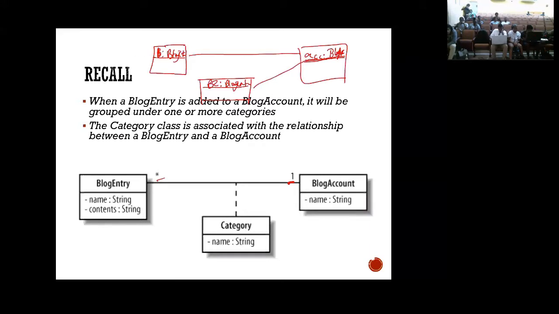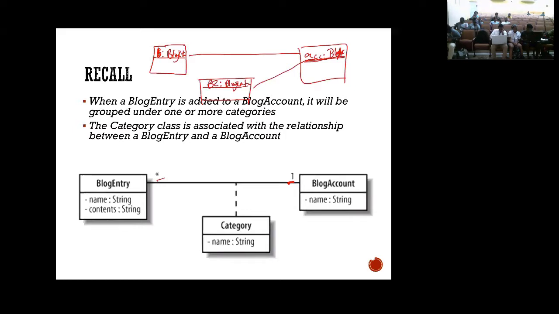And this is legal because we're saying that we have a blog account called ACC, which is associated with 2 blog entries. Does that make sense? Right.